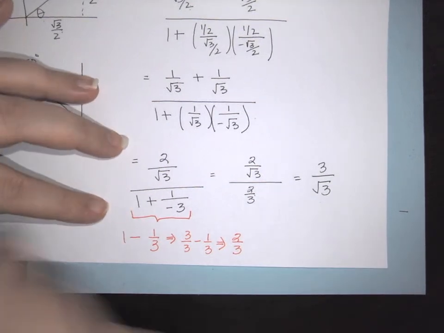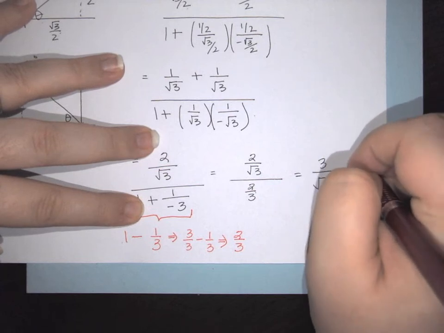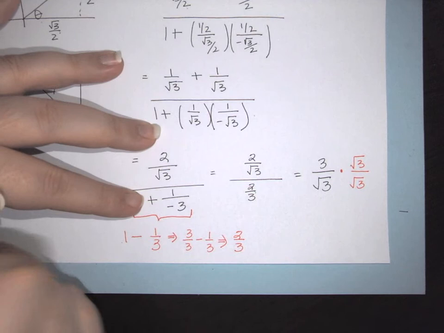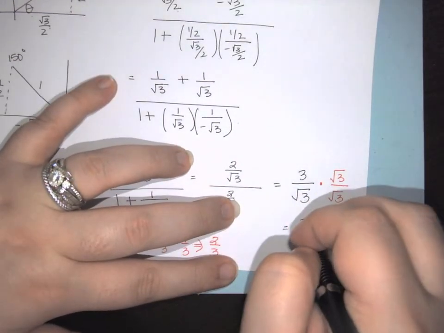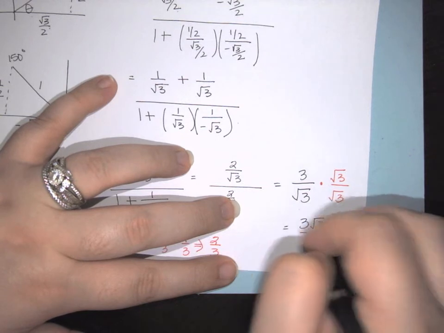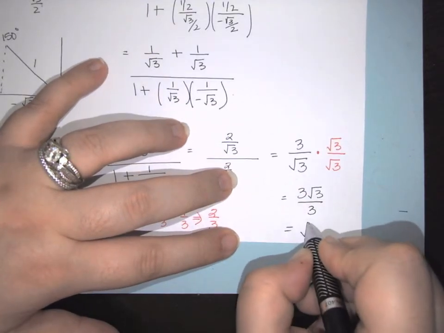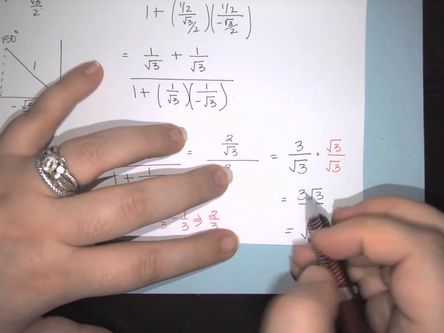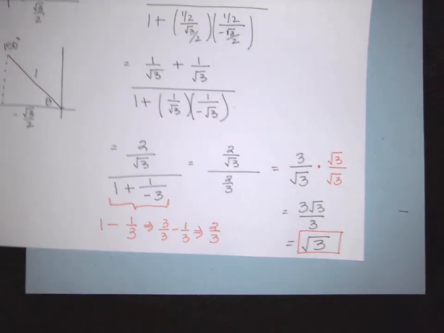So to rationalize a denominator, you multiply the top and the bottom by that denominator. And so in this case, we end up getting 3 square roots of 3 over 3, which is going to simplify down to just the square root of 3. And so here, our end result would be the square root of 3.